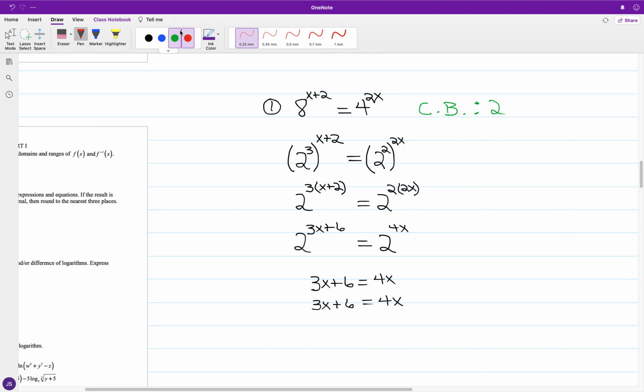And just gathering together the variable terms, I have 4x by itself, and I can just move the 3x upon subtracting. So we have 6 is equal to x, so we can declare that the solution for x is going to be 6.